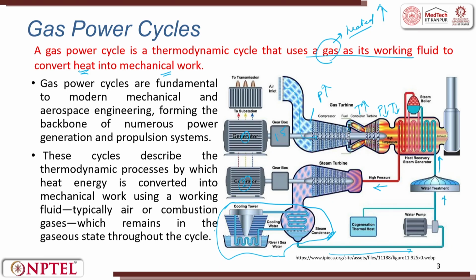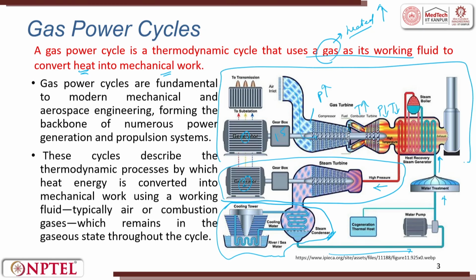So this becomes an independent circuit. This is another circuit, but it is connected to the previous one, and this part is completely different. So there are three: 1, 2 and 3. The third system is only to cool.